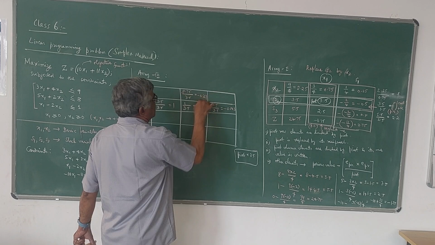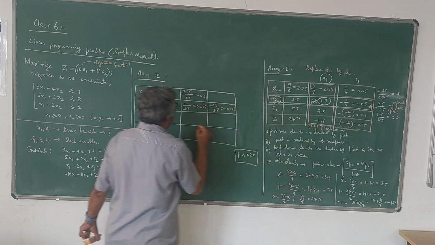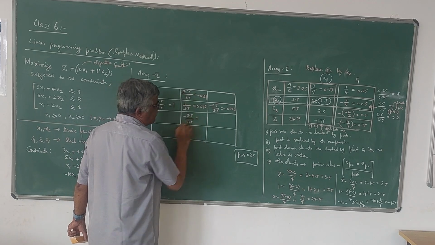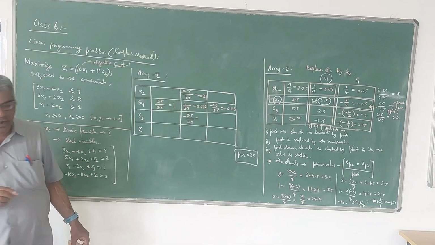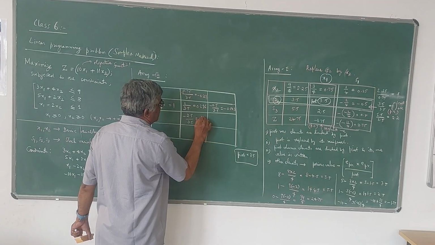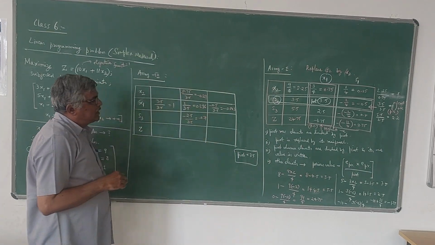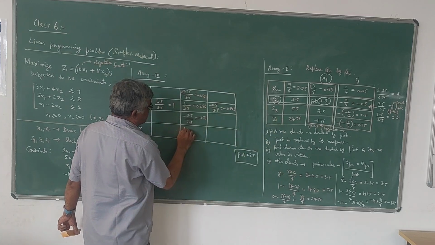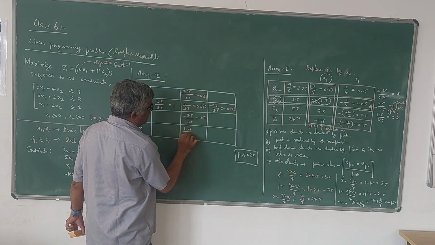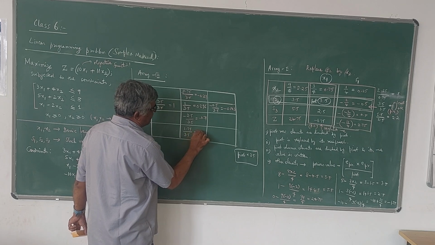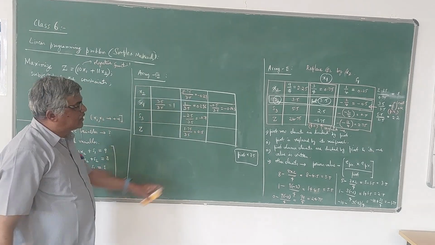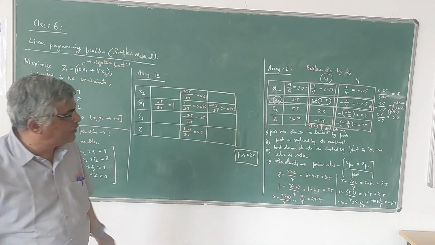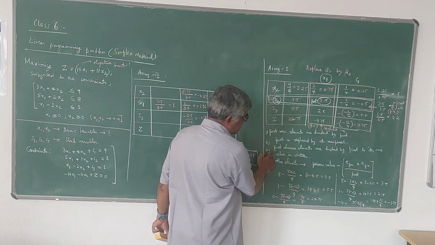Next, this value 2.5, negative is minus 2.5 divided by 3.5. So the value is minus 0.71. Next is minus 1.75 becomes positive, plus 1.75 divided by 3.5, which is 0.5. Correct? So this negative will be converted into positive. So these are the values we got by taking this third point.